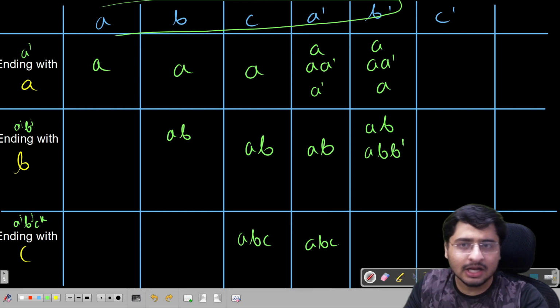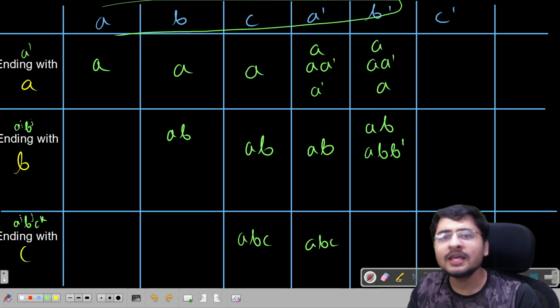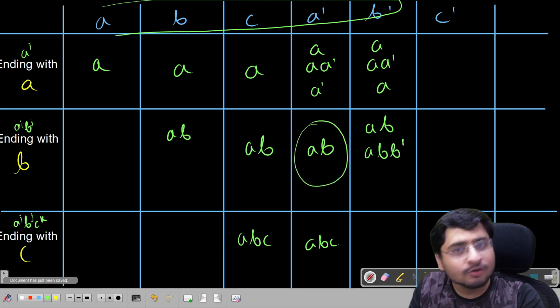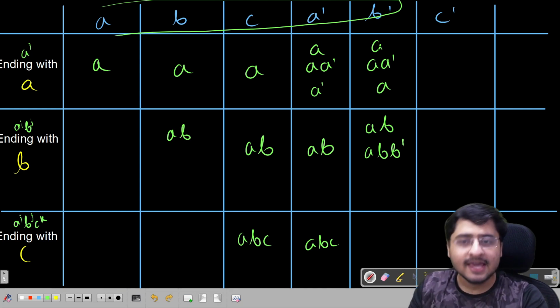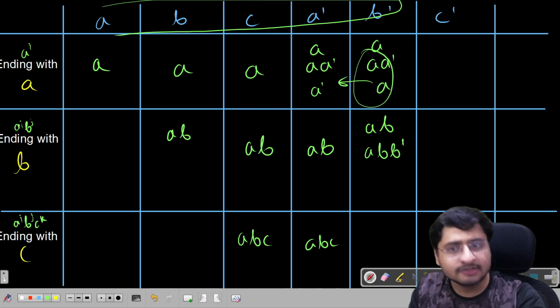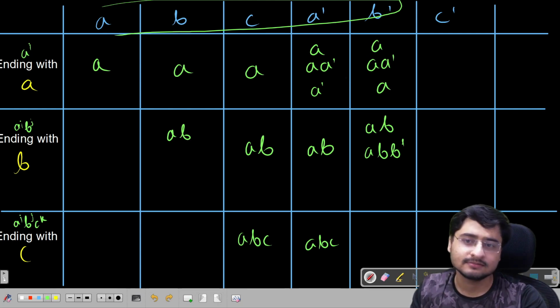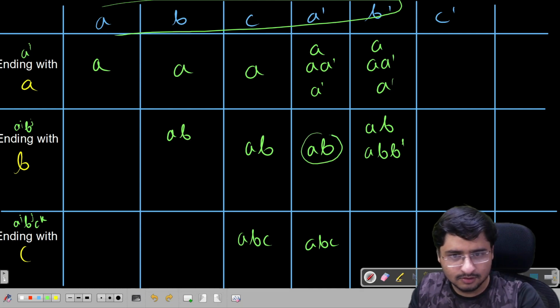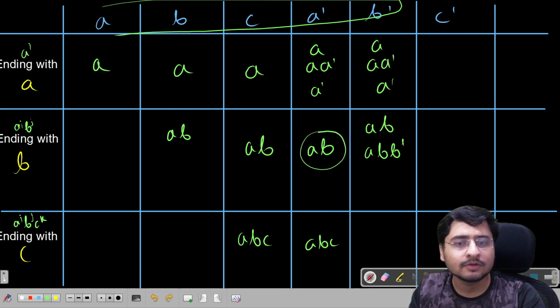See, whenever a B wants to enter, B can join all the A's and it can stand in front of all the B's, right? A can stand only in front of all the A's or it can start its own subsequence, right? Similarly here, this B took all what we were having before, plus it stood in front of all the ones we were having before.